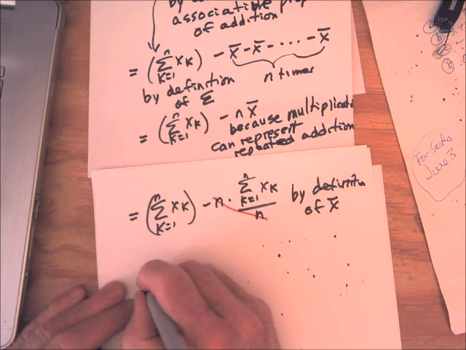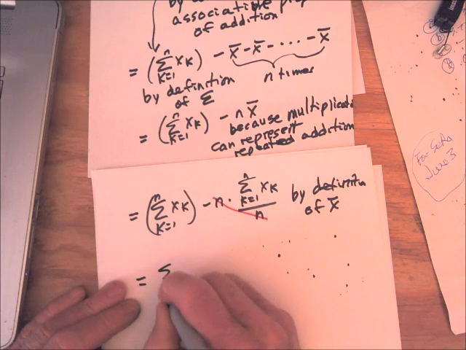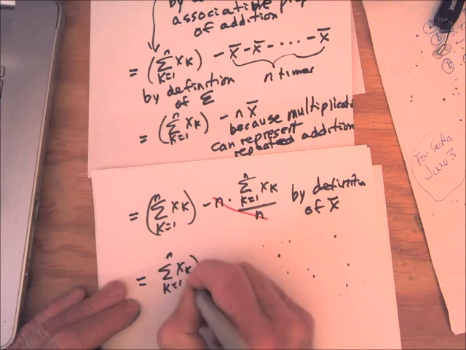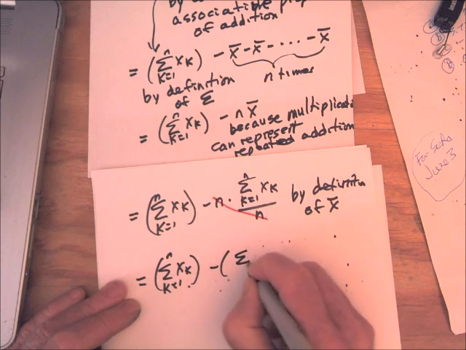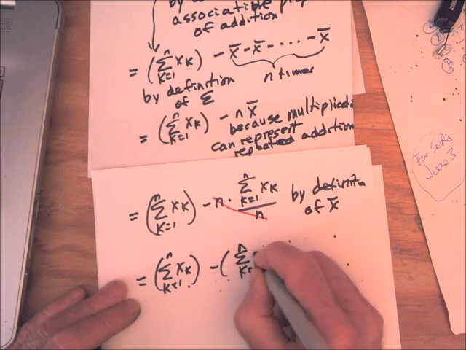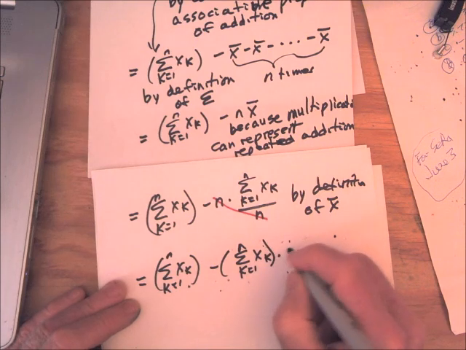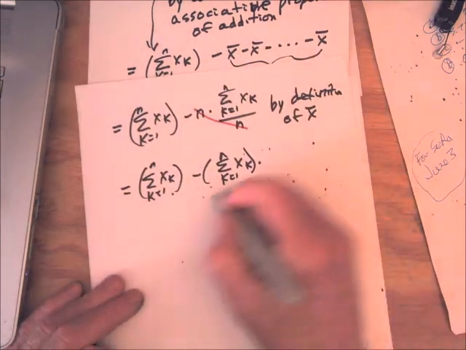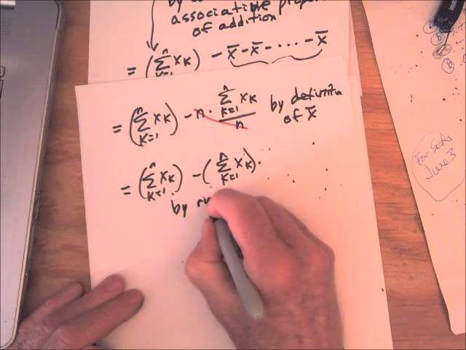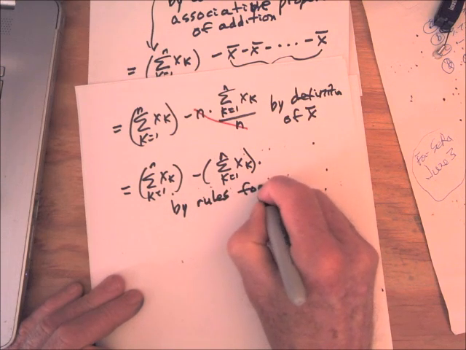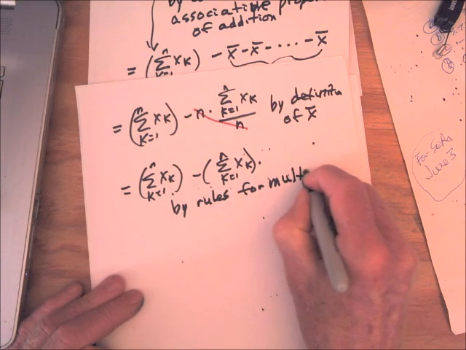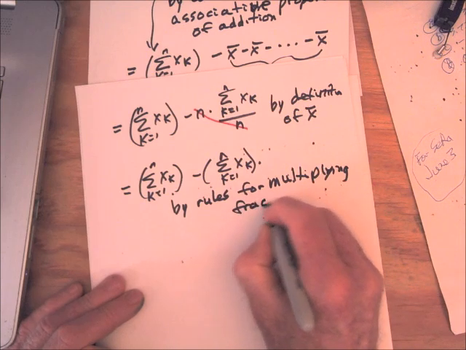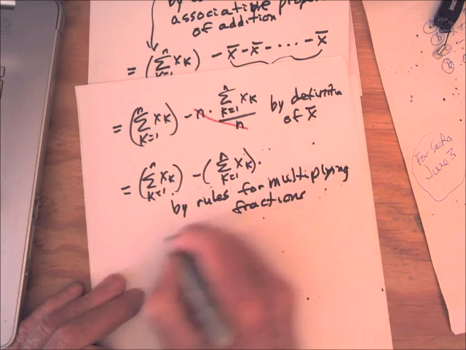So this is the summation k equals 1 to n of xk minus summation k equals 1 to n of xk. That's by the rules for multiplying fractions. And then that's equal to 0.